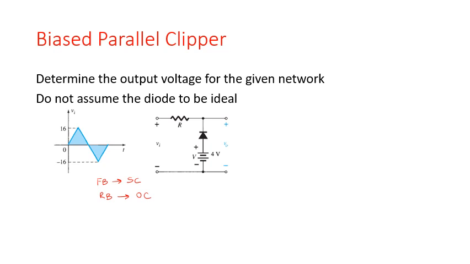But if my diode is not ideal, then it will become forward biased only after it crosses the barrier potential of 0.7 volts. So I cannot directly consider it to be forward biased and replace it by a short circuit.